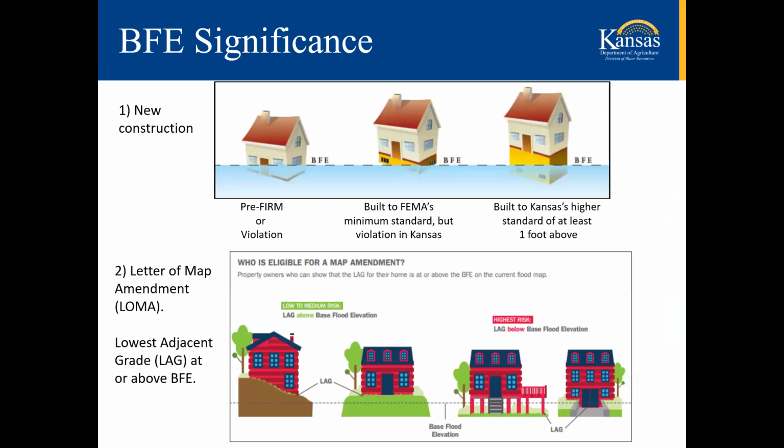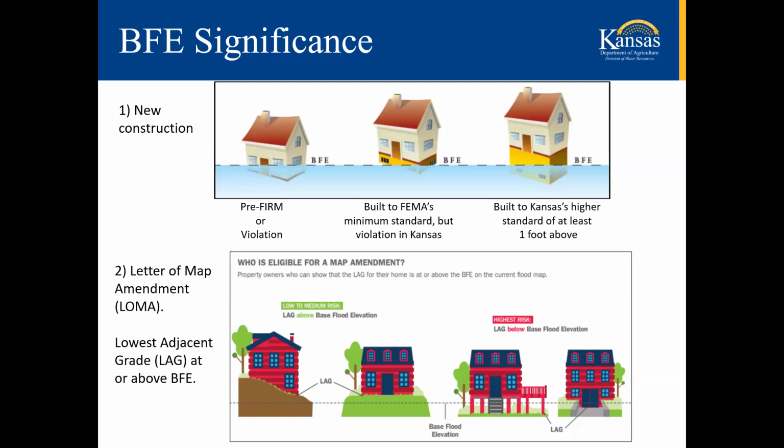So a little bit more about base flood elevation significance. New construction has to meet the currently adopted regulations, which means it has to be based on the current effective base flood elevation for that site. A pre-FIRM structure is considered a structure that was existing before the area was mapped, basically.